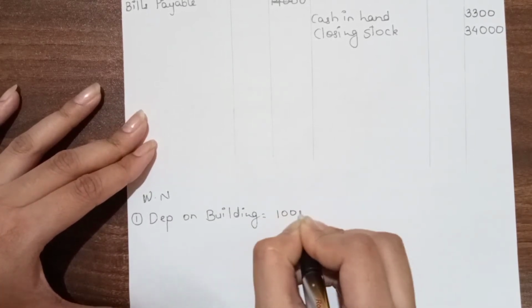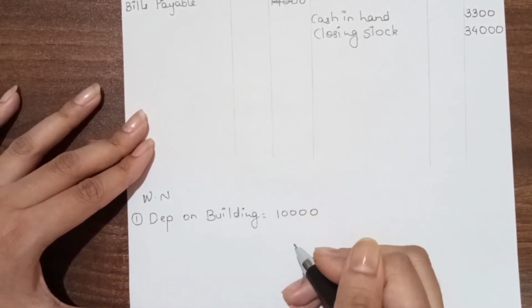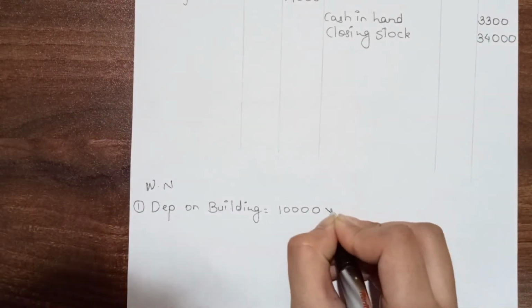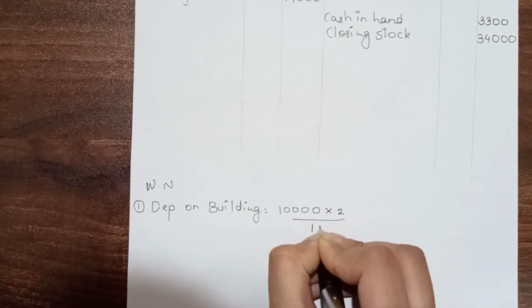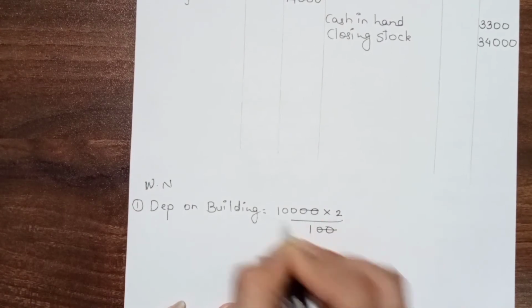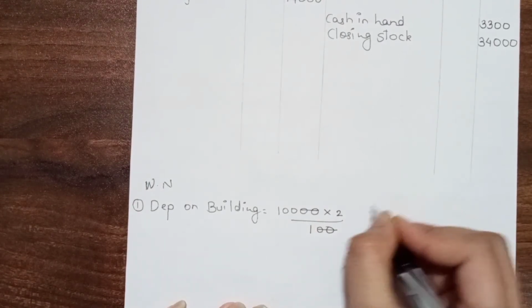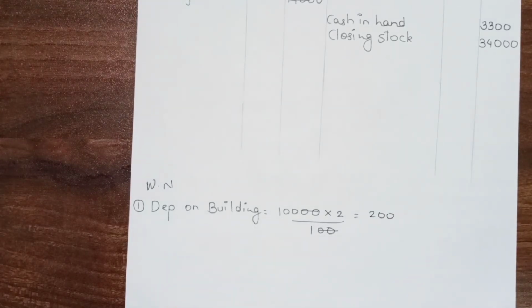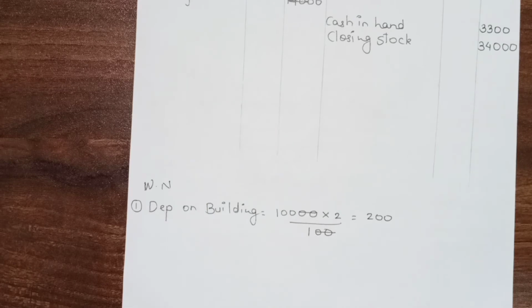10,000. Okay, and how much percentage do you have to calculate as depreciation? Into 2 divided by 100, so 0 gets cancelled. 200. So 200 is the depreciation on building which you have to subtract from 10,000.